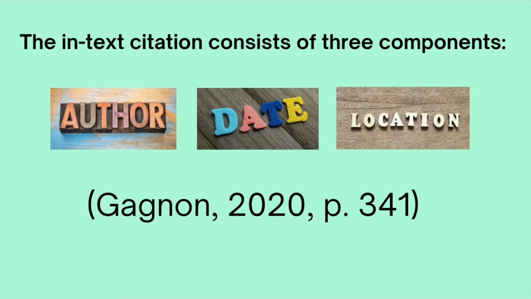So as you can see here, we have referenced Gagnon from 2020, and the information that we referenced is located on page 341.